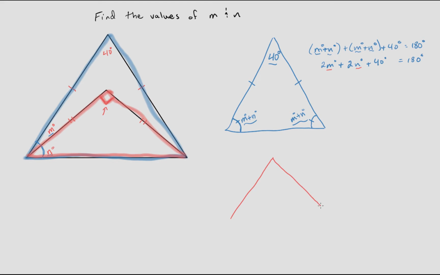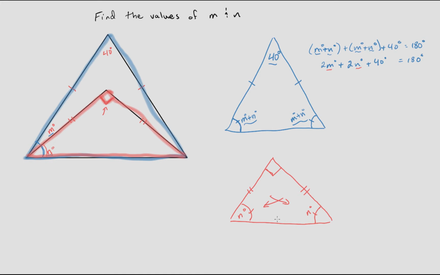All right, so let's go ahead and draw this out. Okay, we have that the smaller angle down here is n degrees, that this is an isosceles right triangle, and that we have a right angle right up here. Well, since it's isosceles, I know that those opposite angles are going to be congruent.